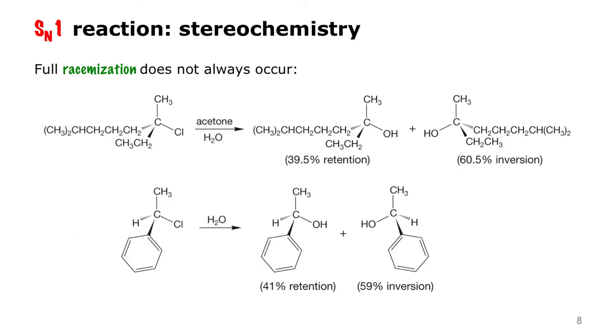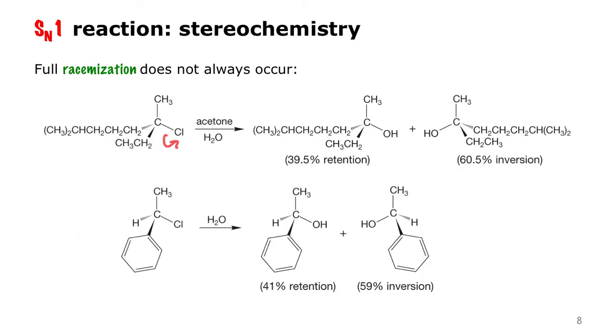So in the first example, we have this tertiary alkyl chloride reacting with water. Acetone is just a co-solvent here. It doesn't participate. Water is our nucleophile. So we get ionization of this chloride and attack of water.